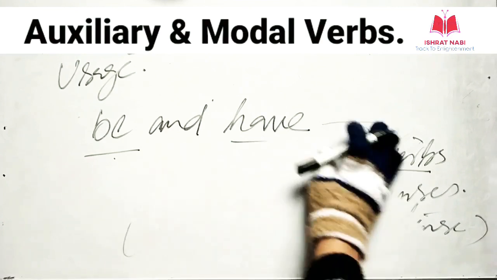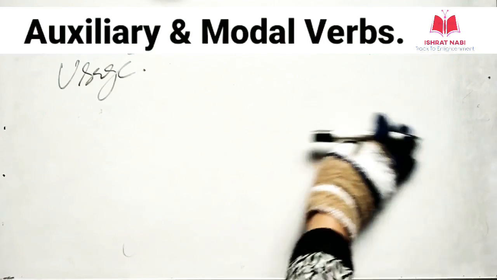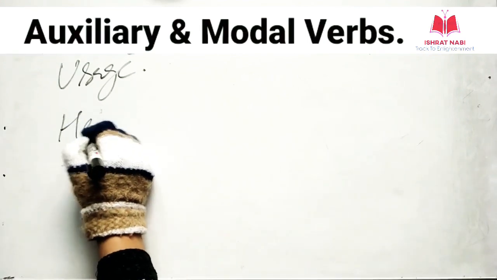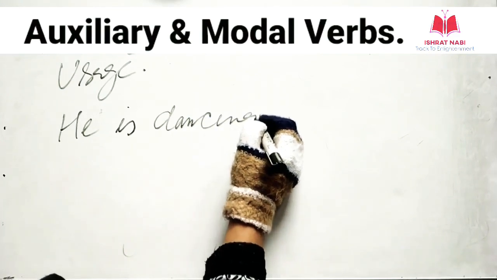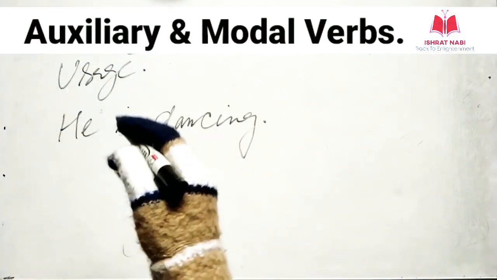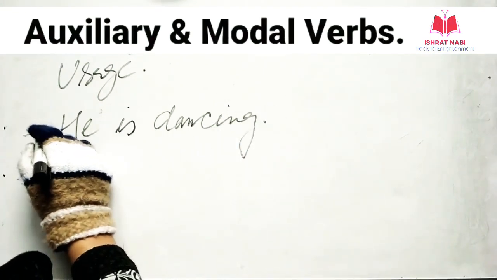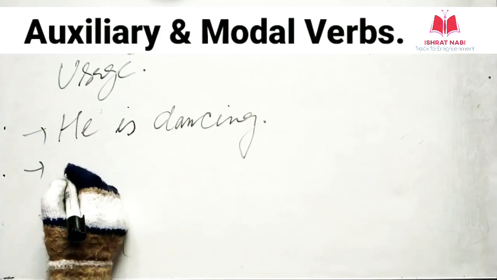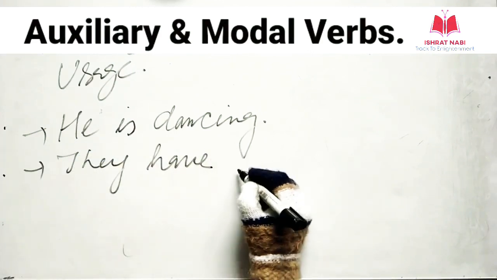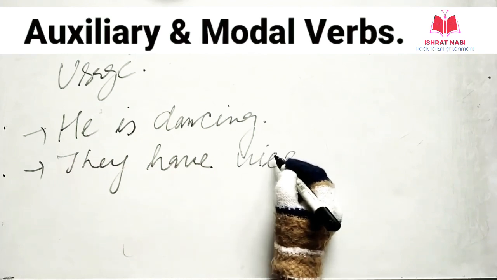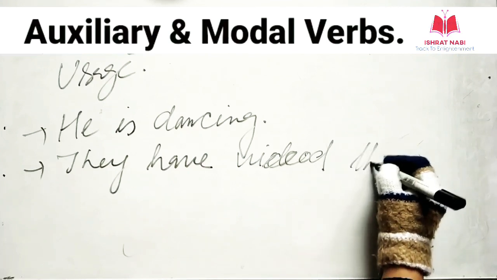Let me write down examples of the same. He is dancing: present continuous tense. The second example is: they have videoed the program.